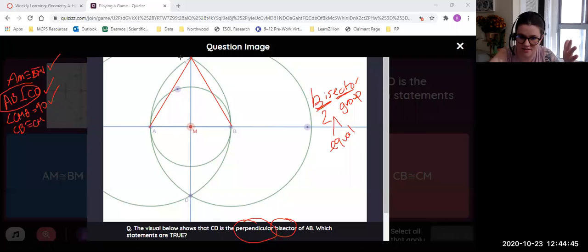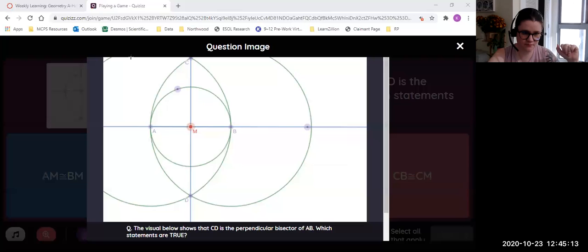Any point on this line to these two points, from here to here, as well as from here to here, all of those are going to be equal to one another. So is CB equal to CM? Well, no, because we're comparing a point that's on the line with a point that's not on the line, so that one does not work, but the other three do.